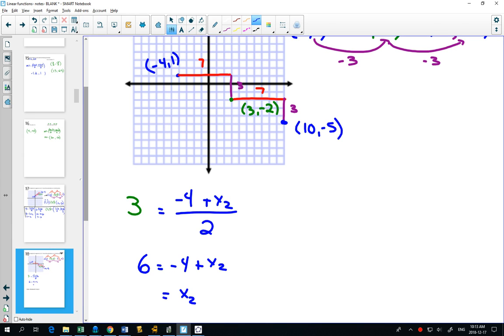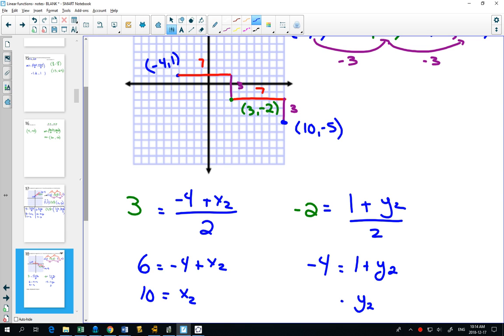Add 4 to both sides. And you would get that x2 needed to be 10. With the y coordinate of your formula, negative 2 equals y1 plus y2 divided by 2. Multiply both sides by 2. Subtract 1 on both sides.